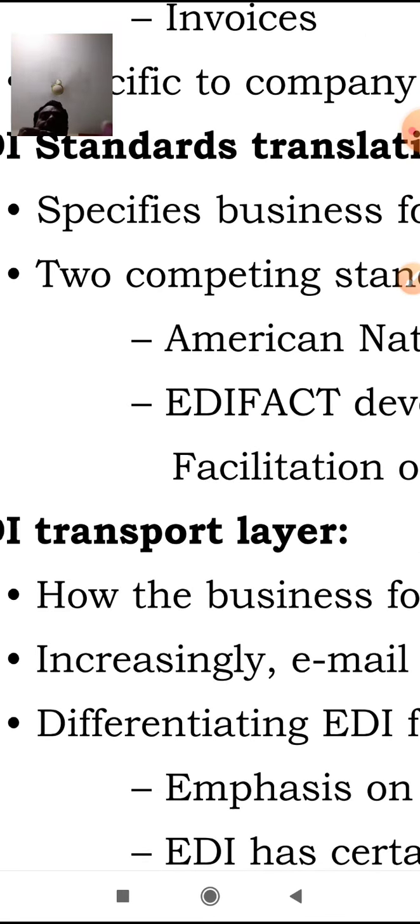The standardized formats in EDI applications: two competing standards are available in the worldwide market these days. Number one, American National Standards Institute X12, ANSI X12.